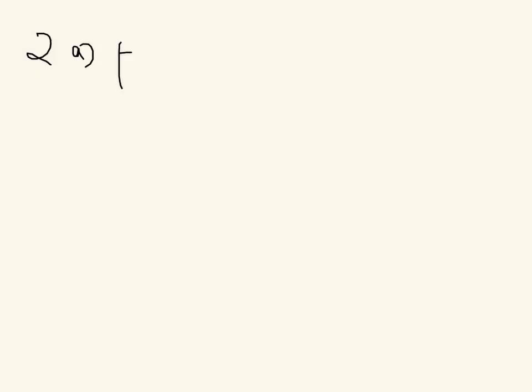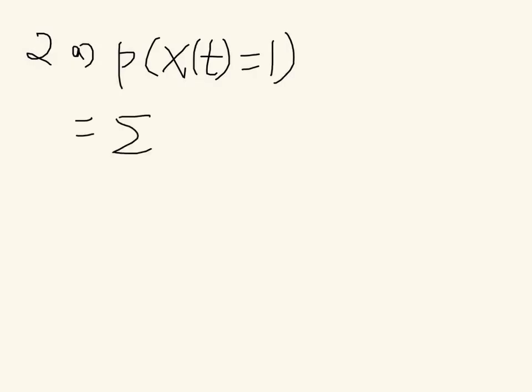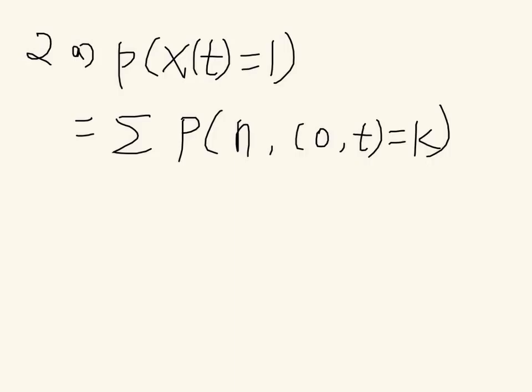The probability of X(t) equal to 1 is equal to the sum of the probability that N between 0 and t is equal to k, where k is an odd number.